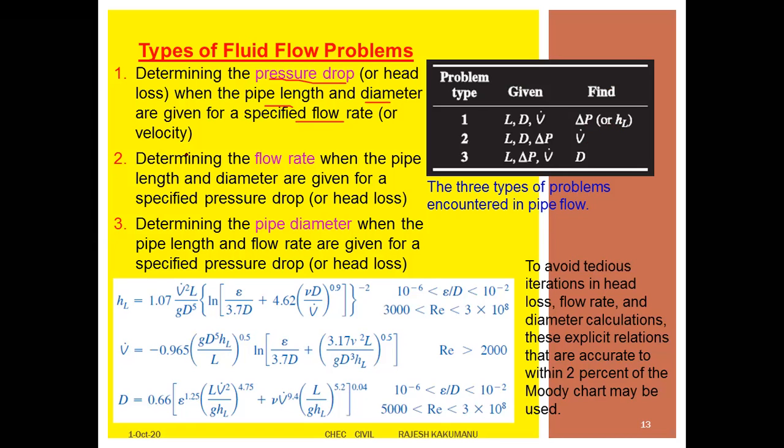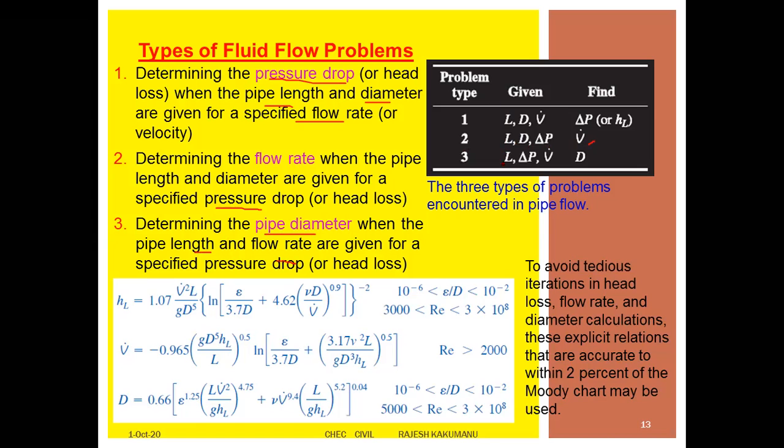Next, the second one: determining the flow rate when the pipe length and diameter are given for the specified pressure drop. In the second case, the given data are length, diameter and delta P, and you have to find the flow rate. Next, the third one: determining the pipe diameter D when the pipe length and the flow rate are given for the specified pressure drop.